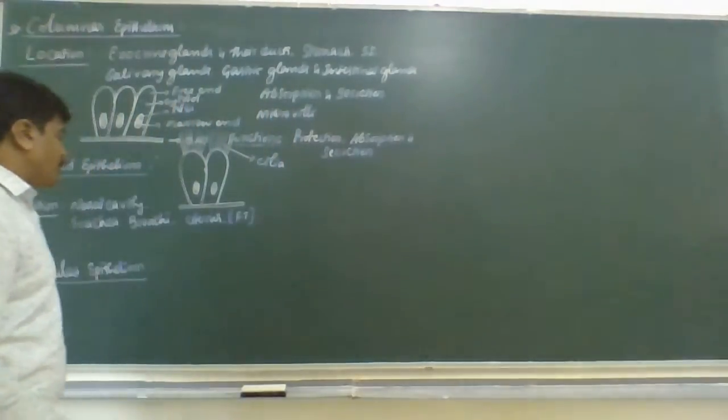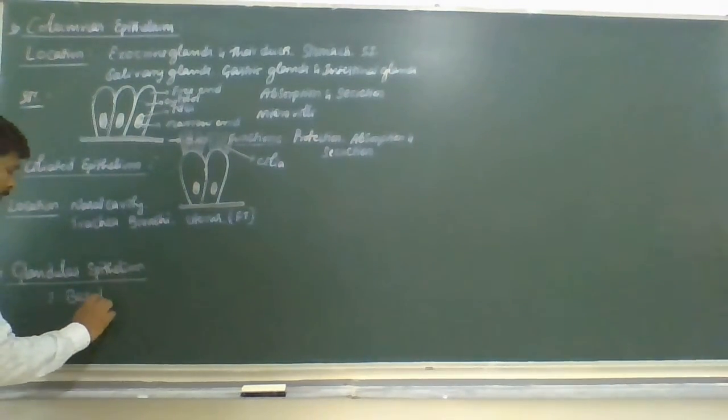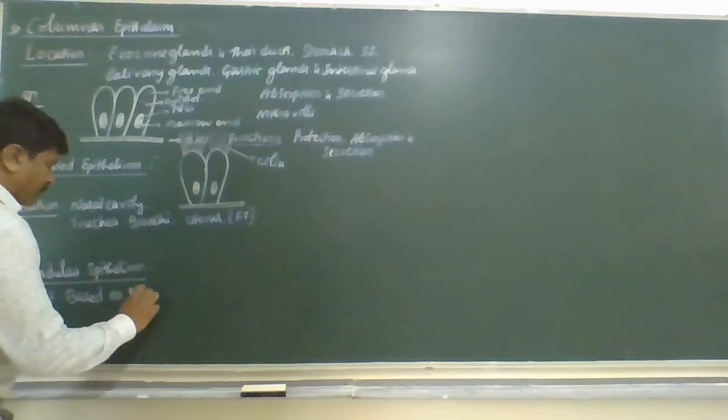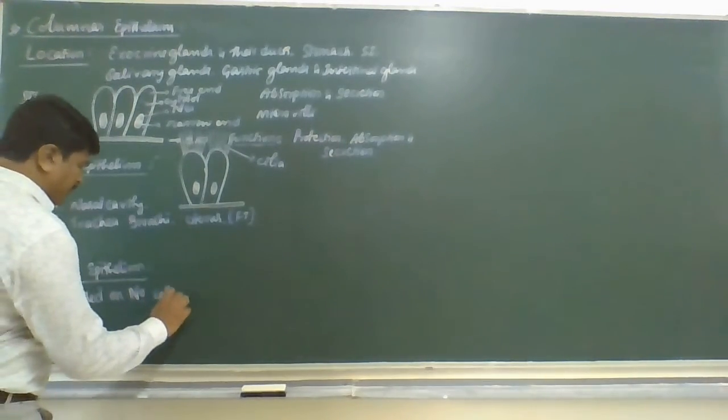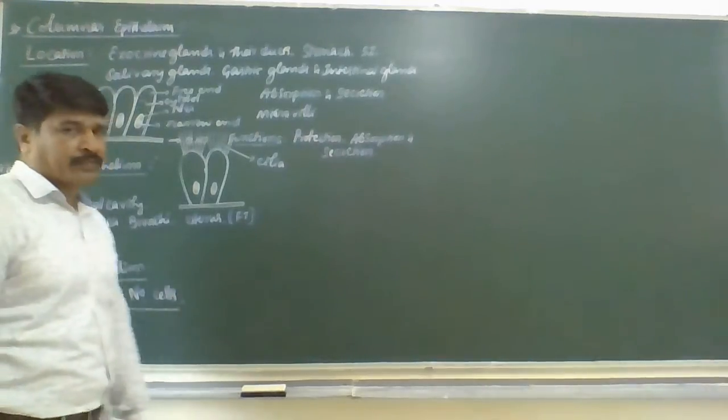There are two systems of classification of glands. Number one is based on the number of cells in a layer involved for the secretion.